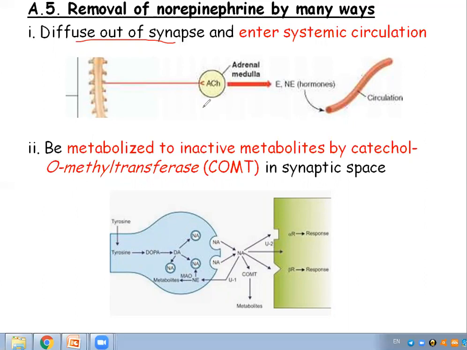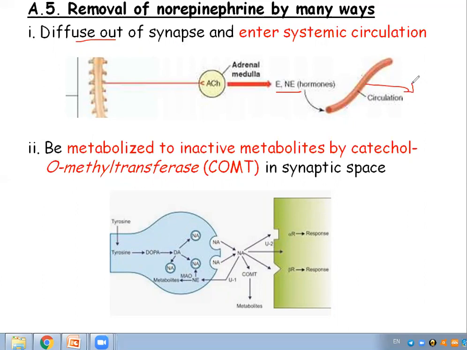So it is possible that the norepinephrine released by, for example, the adrenal gland leaves the synapse and goes to the systemic circulation, and then goes toward any visceral organs or any other effector.